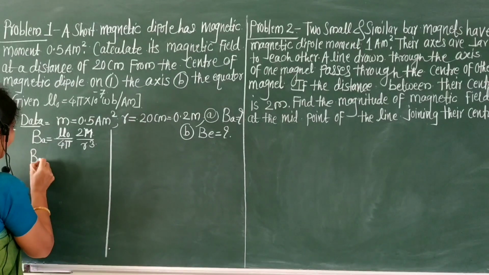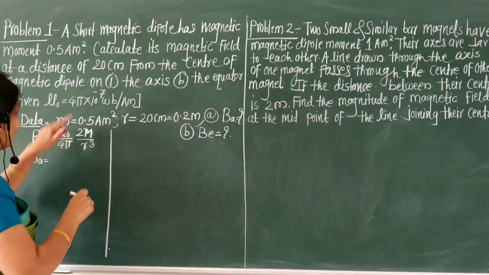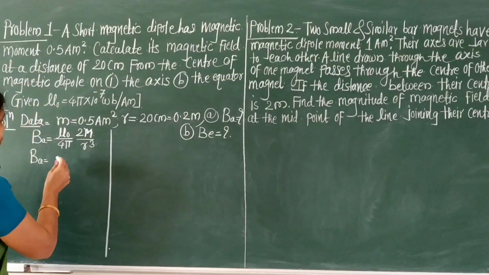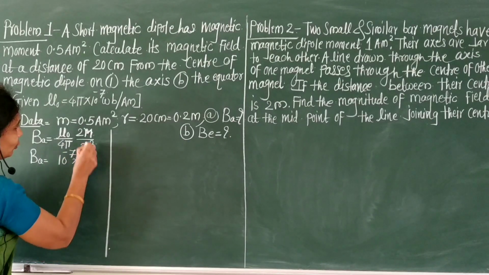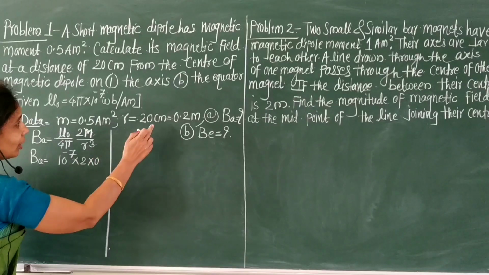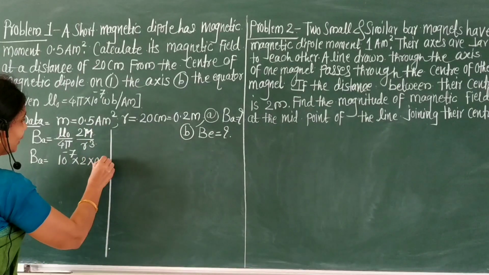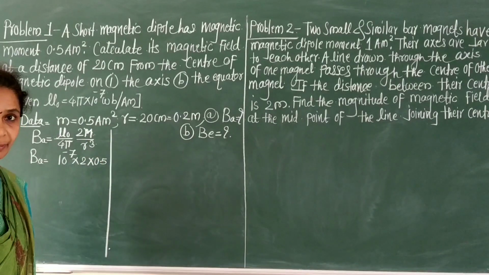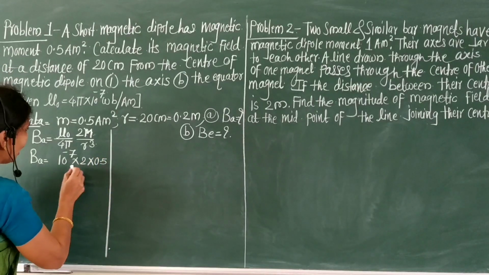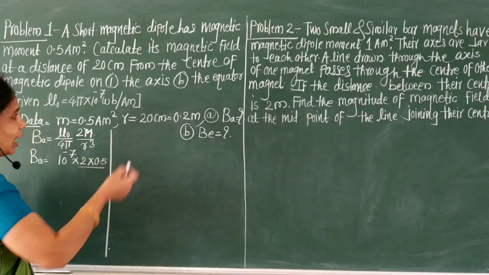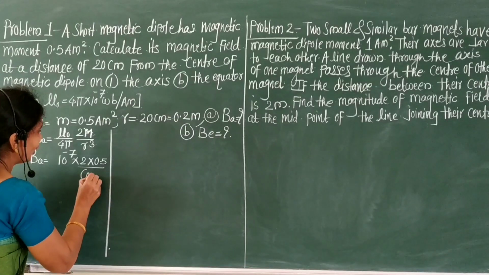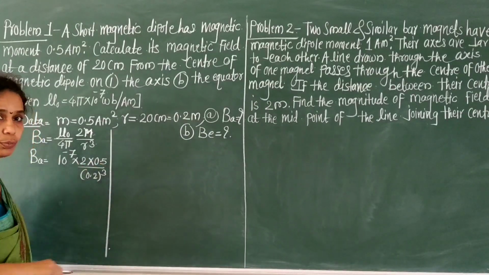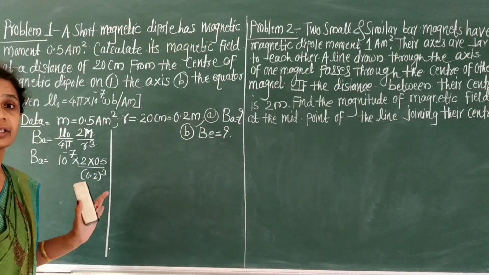Therefore, BA is equal to mu naught upon 4 pi, which is 10 raised to minus 7, into 2 into 0.5, small m is 0.5, upon r cube. R is 0.2, so 0.2 bracket cube, because here is the r cube.